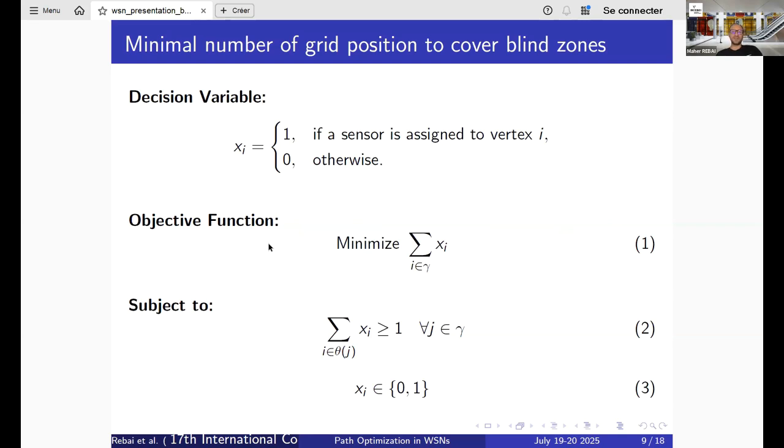Based on this decision variable, we can write our objective function like equation 1, which minimizes the total selected vertices from the set gamma, which represents the grid positions that are not covered, subject to constraint number 2, which ensures the coverage of each uncovered position in the sensing area. Constraints number 3 are binary decision variable constraints.